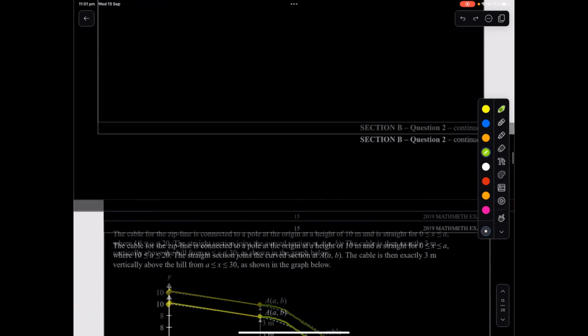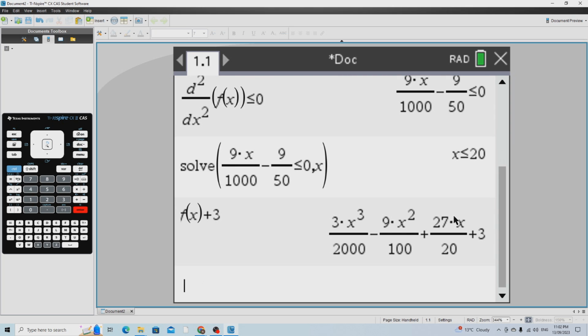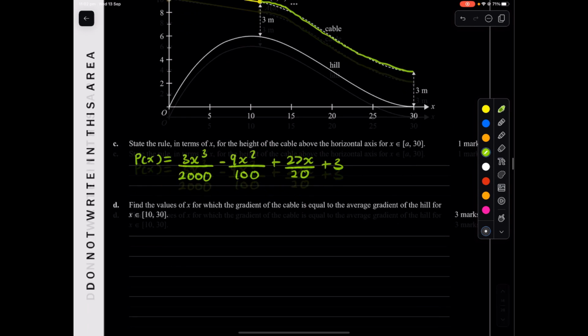Well, we defined it as f of x. So we can just say, on a calculator, what's f of x plus 3? And it's this over here. So let's call that p of x here. So p of x is 3x to the power 3 all over 2000, minus 9x squared all over 100, plus 27x all over 20, plus 3.